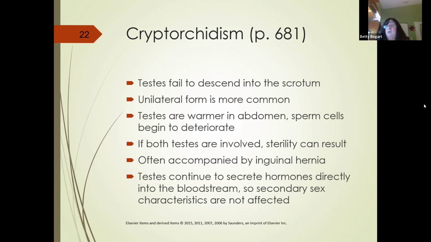Cryptorchidism, again, another male condition. This is when the testicles don't come down into the sac. Those of you who've had baby boys know that one of the first things, besides the hip check to make sure their hips are fine, is that they check the testicles, right? They're checking to see, are the testicles in the sac? Now, one of the things we need to do to perform an accurate testicle exam is keep the examination room warm.